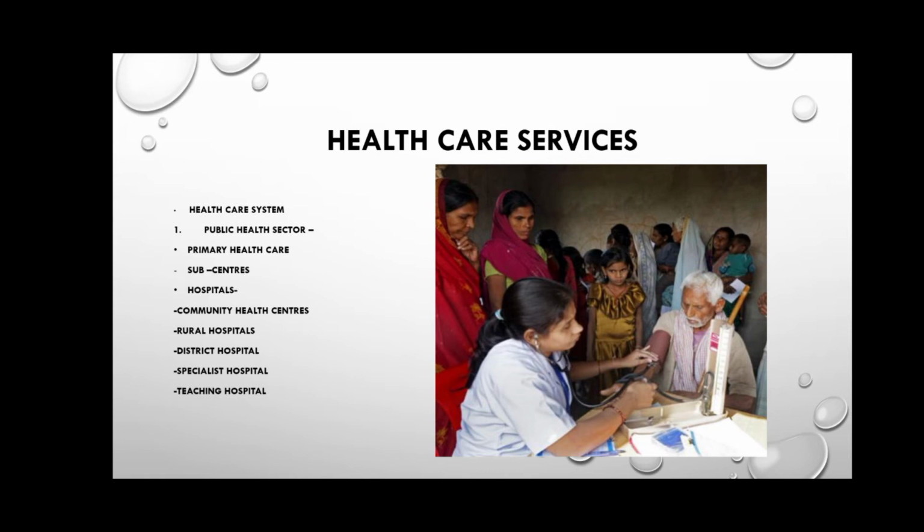The second division of the public health sector is hospitals. This is further divided into five levels. First is the community health center, which deals with the grassroots level, the baseline level. The next level is rural hospital.